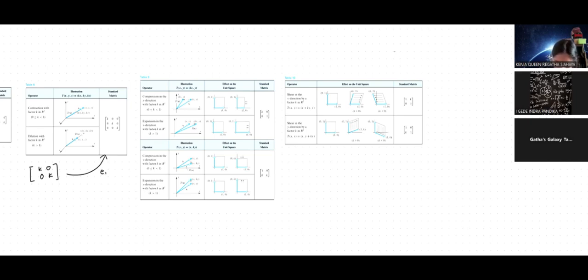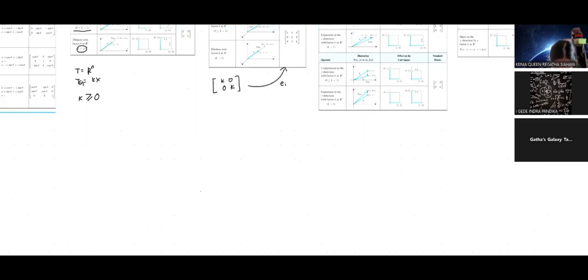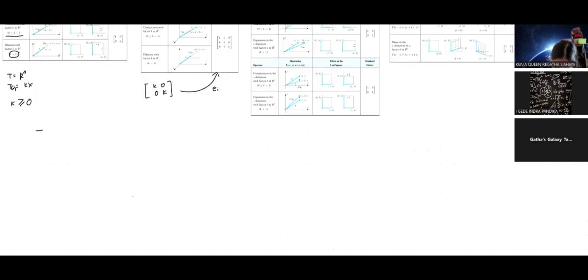So in order for us to get the standard matrix, we say that the dilatation or contraction operator is defined as T of x, y equals to kx, ky.